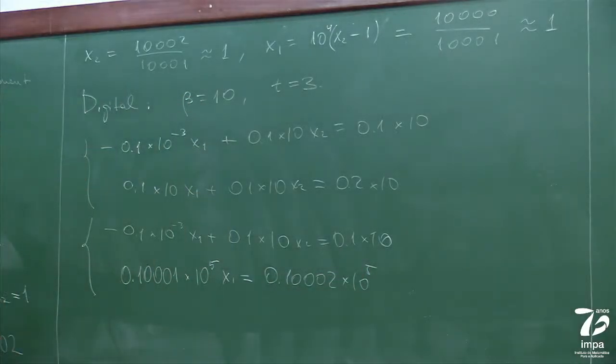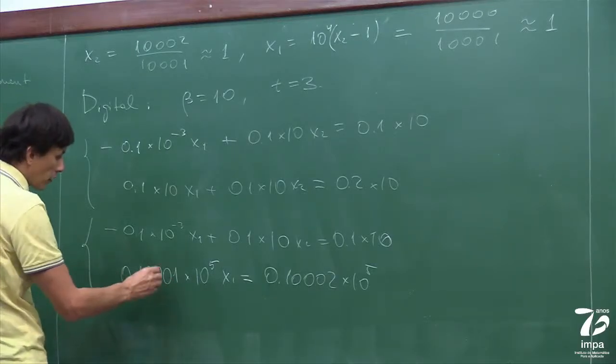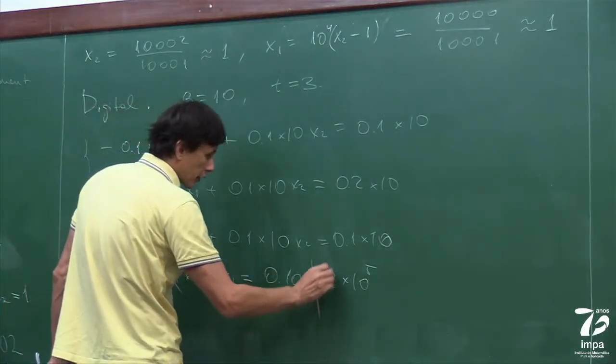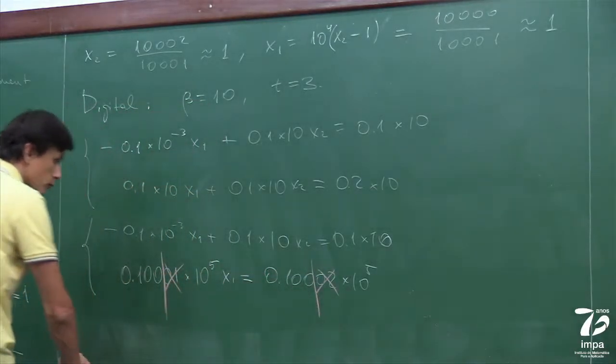Five, but these numbers we cannot keep, they are beyond our accuracy. Our accuracy is that we should truncate it after the third number.